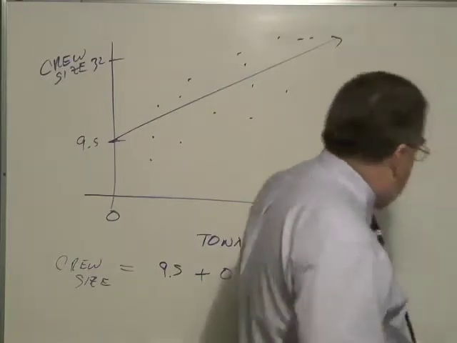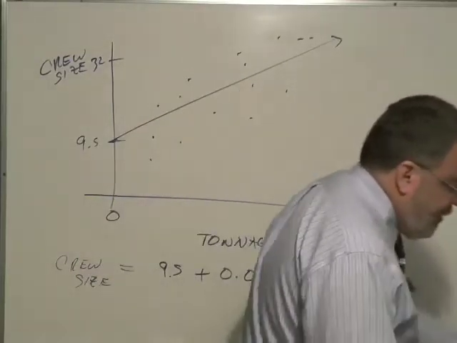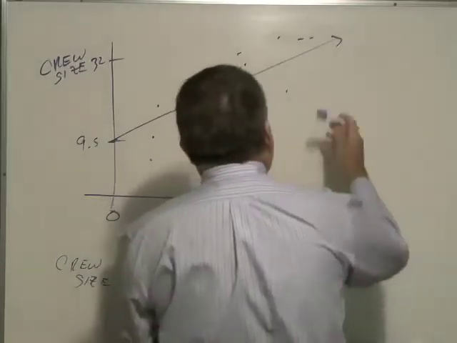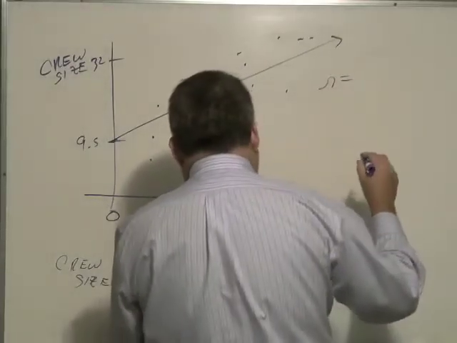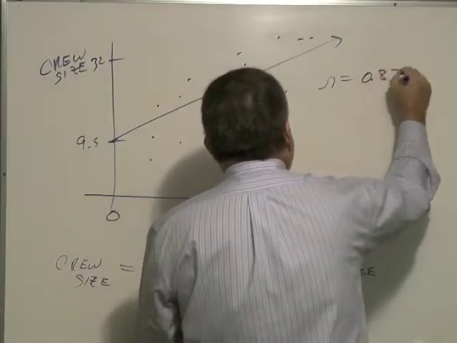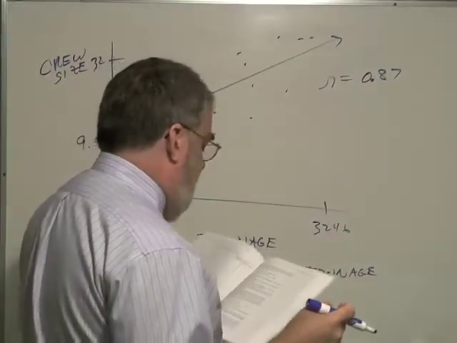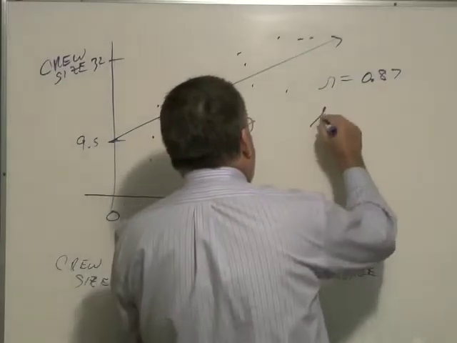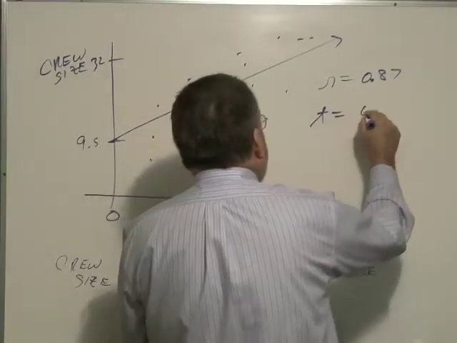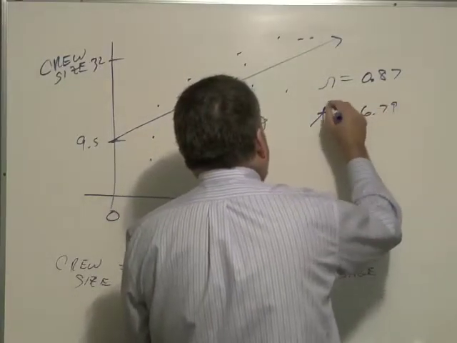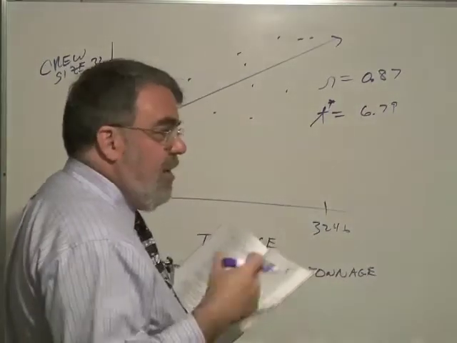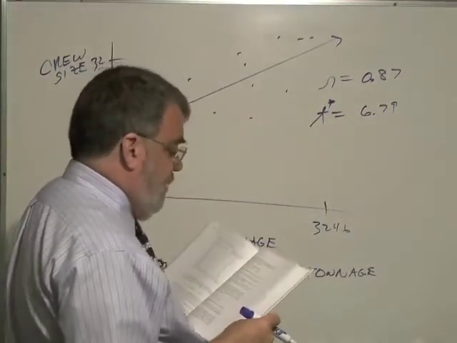Okay, so we have some analysis variables here. The correlation coefficient was 0.87. That's a strong positive correlation. And the t-score was 6.79. I would probably put t-star. The calculated t-score is what I use a star for.